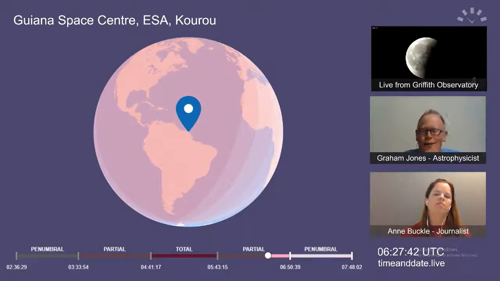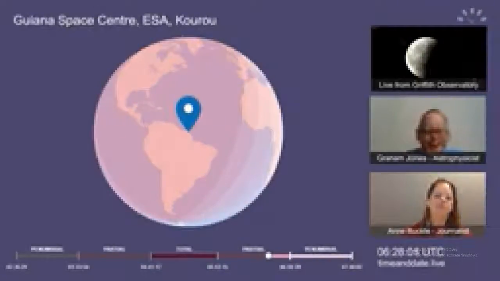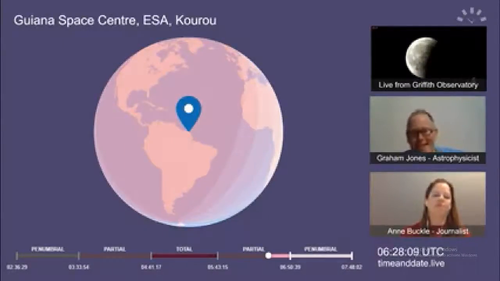If you are launching to the International Space Station, or if you're launching into a polar orbit, you're going to be launching to the north. And we can see from this globe picture that there's also a very clear path to the north into the Atlantic Ocean from Kourou. So it is this very unique position where missions can be launched either to the east or to the north.